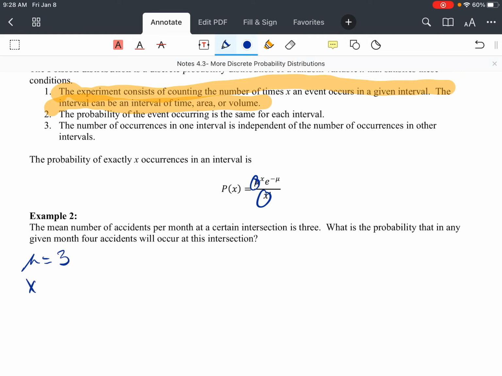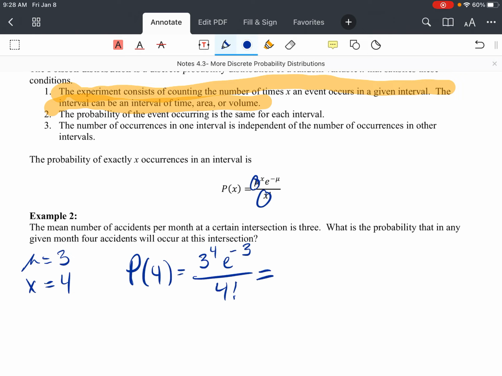Mu is 3, and we're looking for the probability that in some month 4 accidents will occur. To solve this, I'm simply going to say the probability of 4 accidents is equal to 3 raised to the 4th power times e raised to the negative 3rd power, all over 4 factorial.